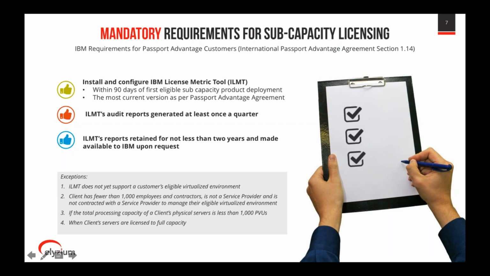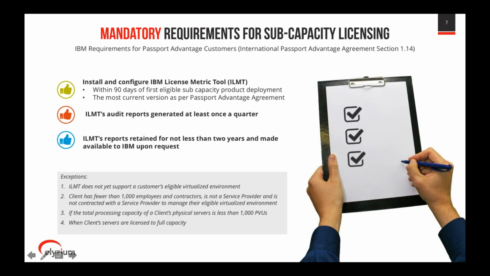And then the last one is if the total processing capacity of the software that you've installed is less than 1,000 PVUs, which is, I would say, extremely rare, then you also don't have to use it. And lastly, if you're not using sub-capacity and you're only using full capacity, licensing all the cores in your servers, then there's no need to do it.